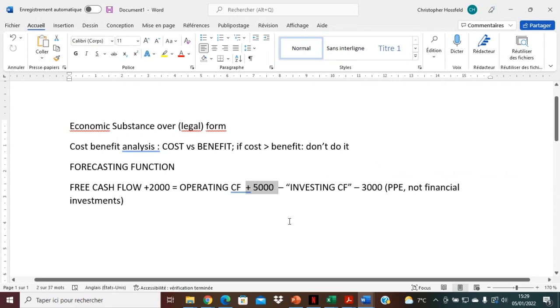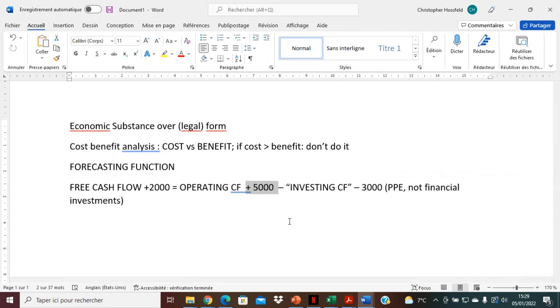I don't need to see the shareholders and ask them for money to be able to do my investments. Okay, because my free cash flow is positive. My operating cash flow is higher than what I need for investments. Now be careful. I said I don't need to go see my bank or the shareholders.